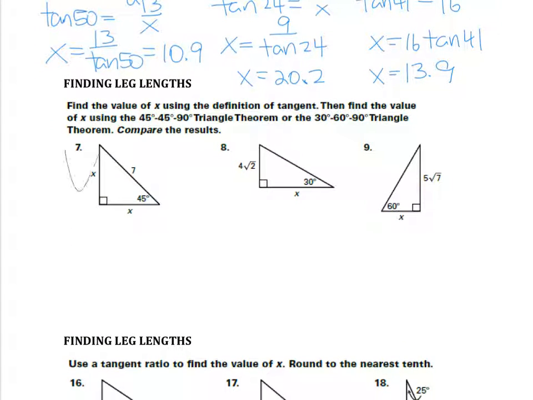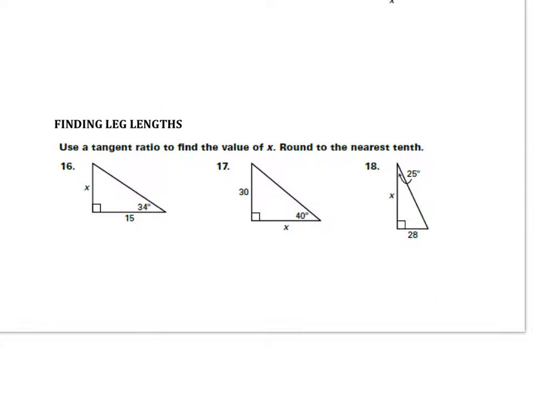Okay, so we're going to skip these and go to the bottom. Again, label your parts in relationship to the angle. It's in the numerator. We multiply.